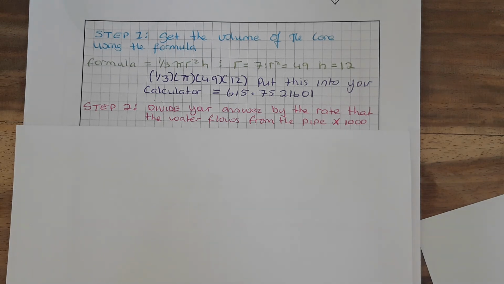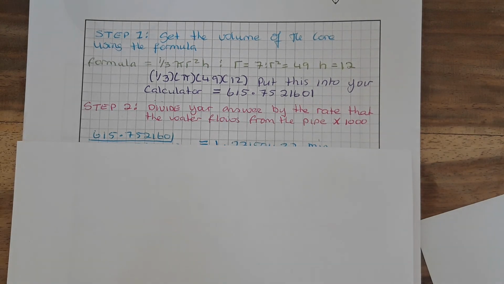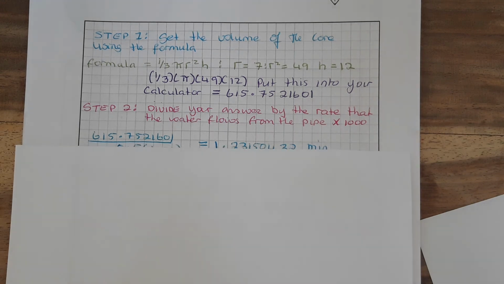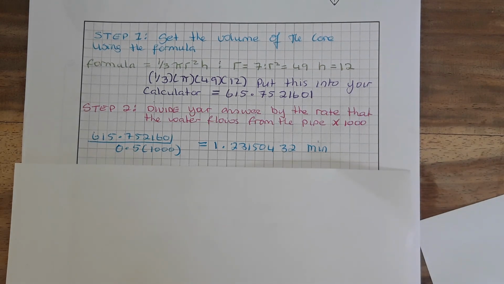Okay, so that they're in the same units. So 615.7521601 divided by 0.5 multiplied by 1,000, and you get 1.23150432 minutes.